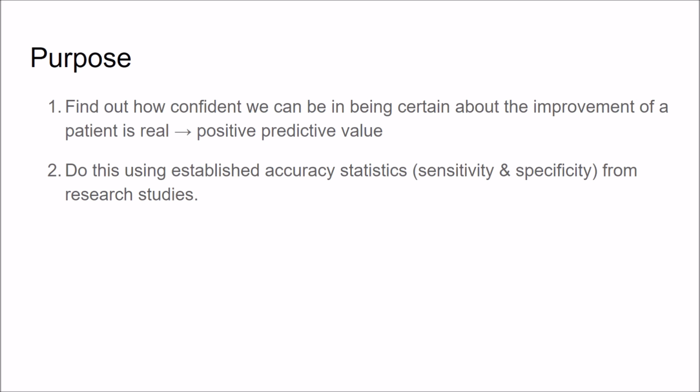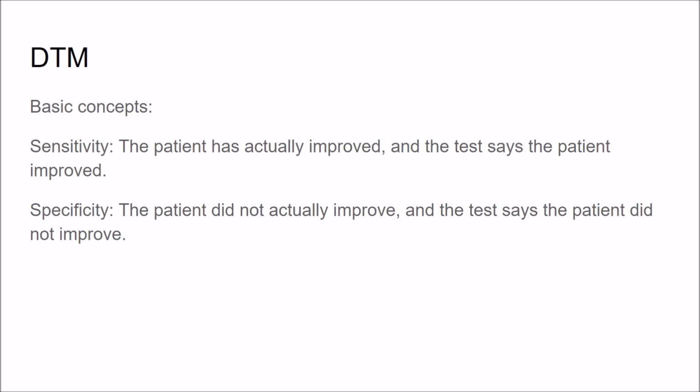And then we're going to learn how to obtain these statistics from published research papers, use them, and then be able to apply them to calculate the percentage or probability of how confident you are in determining an improvement observed in your own individual patient, whether that particular change you're observing is real and how confident you can be about that. So the two basic concepts are sensitivity and specificity.